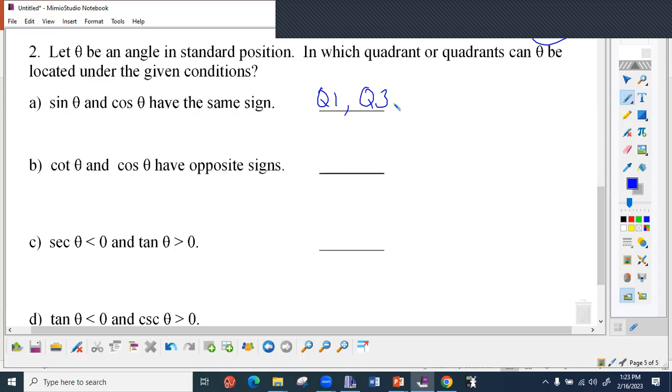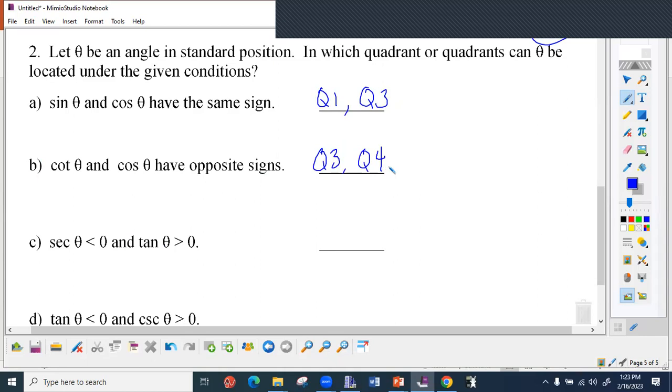Quadrant 1 and 3. In quadrant 1 they are both positive, and in quadrant 3 they are both negative. Agree? Okay, next. We want cotangent theta and cosine theta to have opposite signs. So one's negative and the other is positive. Q3 and Q4.